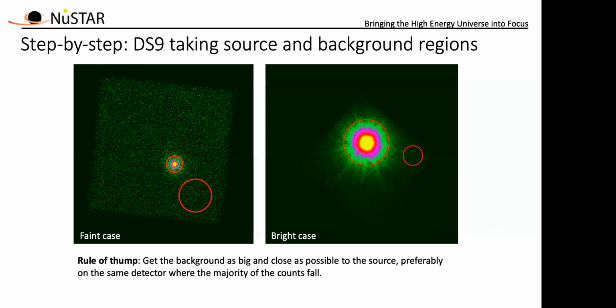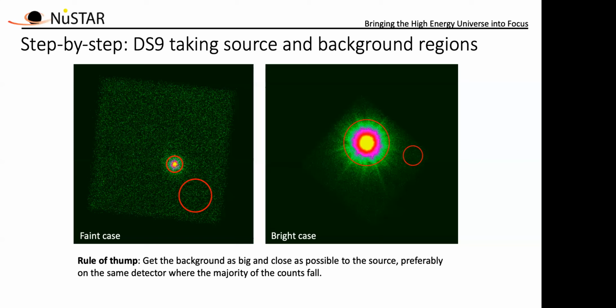You have to play around with that a little bit, because the larger you make your extraction region, the more background you're collecting as well. So sometimes you shouldn't make it too large, because then your background is higher. I usually look at the logarithmic scale, and where I can see the extent of the source, I put it a little bit further in than that. I don't want to be collecting more background than I'm collecting source photons.